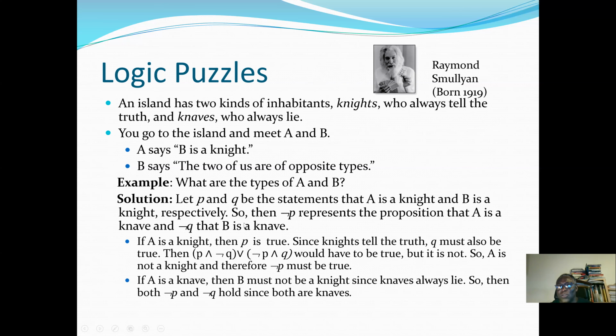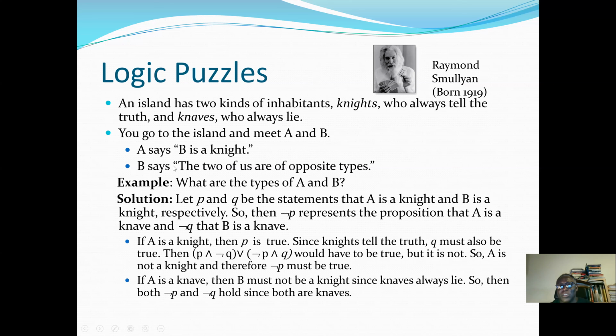So not P will be knave. Now we say if A is a knight, then P is true, since knights tell the truth. Q must also be true. Then we have P and not Q.